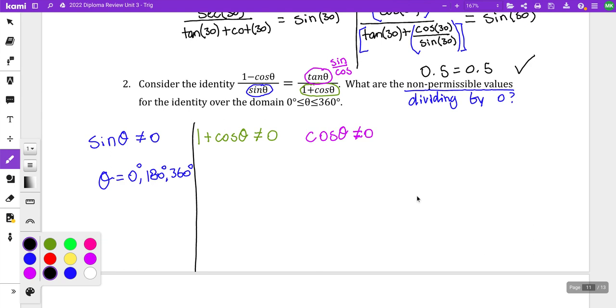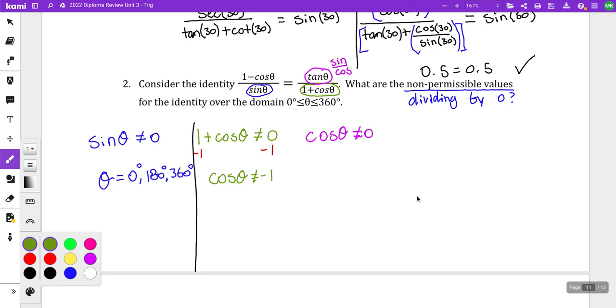We go to the cos one. I subtract my 1 over. That means cos of theta cannot equal -1. That's x values cannot equal -1. That happens in one spot. The x value is -1 on the x-axis in between quadrant 2 and 3.